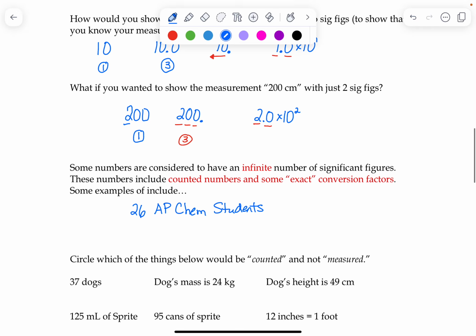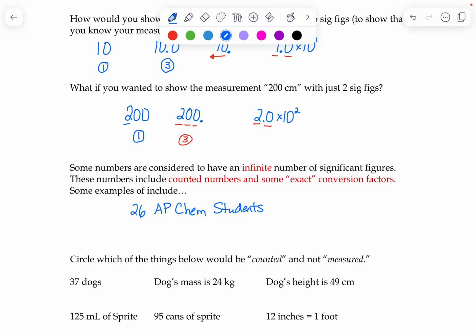Someone can walk in and count how many of you there are. They don't need a measuring tool to figure out how many students we have. They count 1, 2, 3, 4. They don't need a ruler, a graduated cylinder, a balance to get the mass, right? It's just counting. If a 5-year-old can do it, it's a counted number, right?